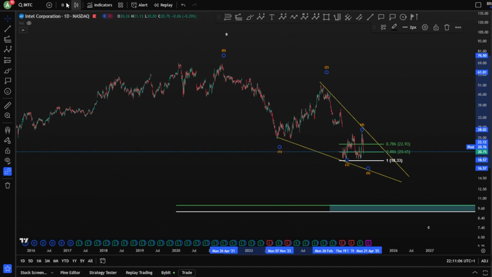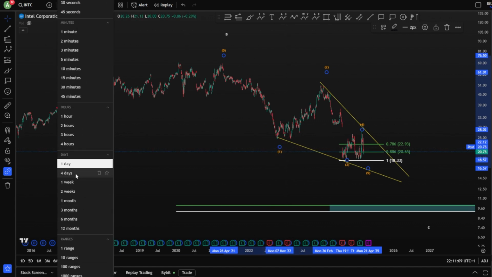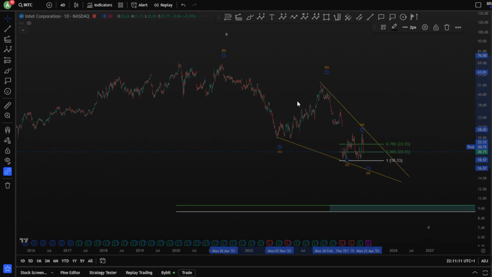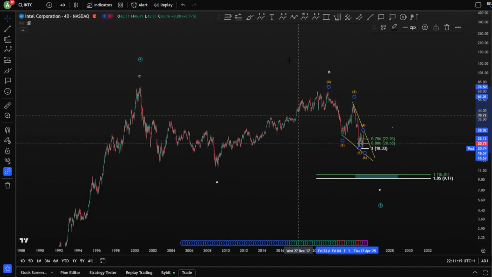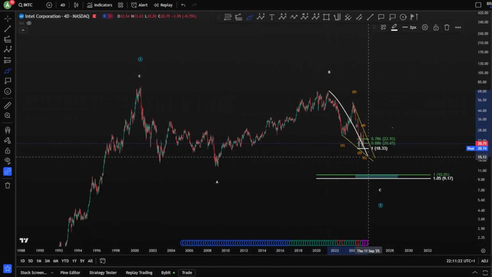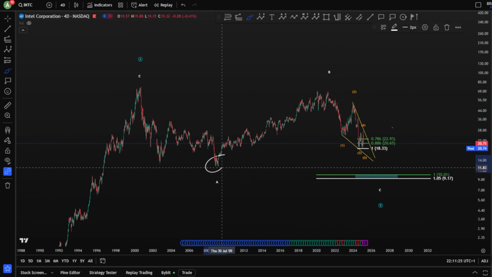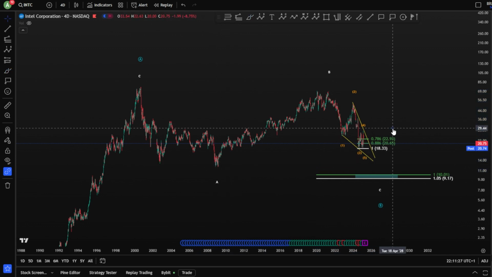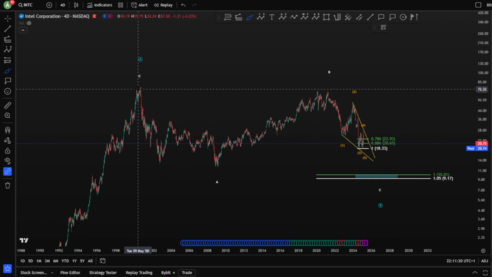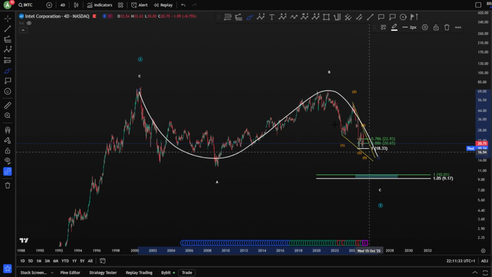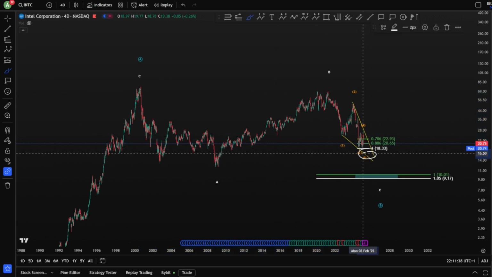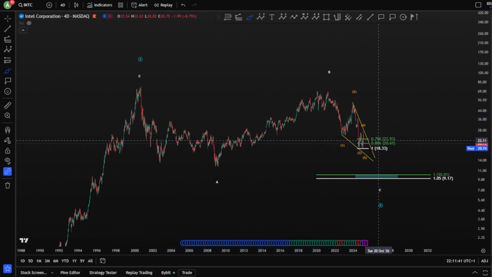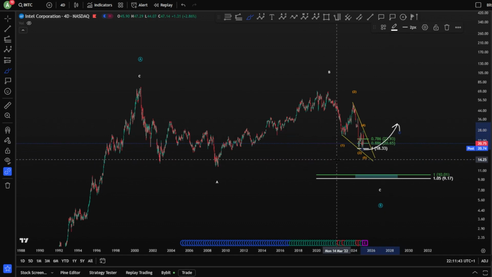However, a very important thing to mention here is that if we finish this wave, this ending diagonal, with a very short wave C here, failing to take the low, that would be nicer for the bullish case, because it would end up as a kind of truncated A, B, and C. Truncation meaning, of course, failing to take the low, and it's a signal for market reversal.